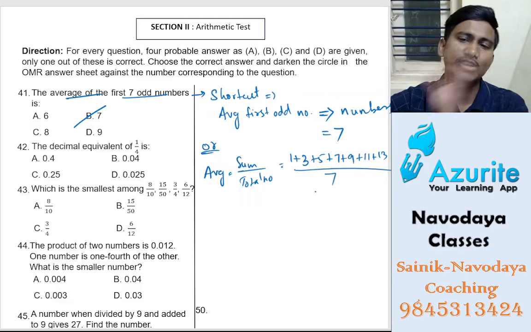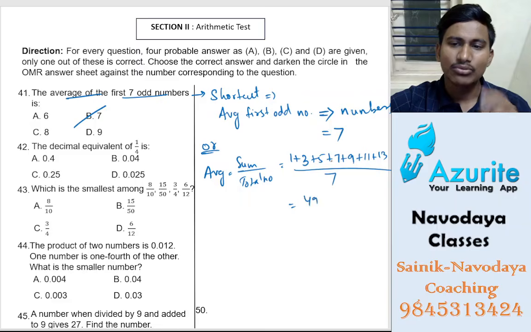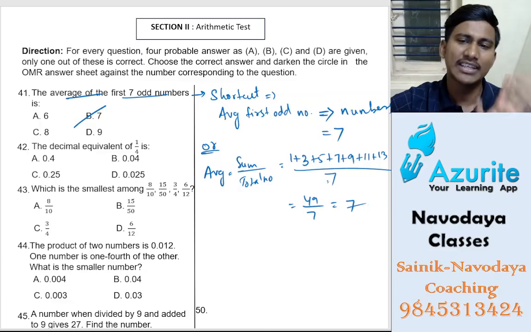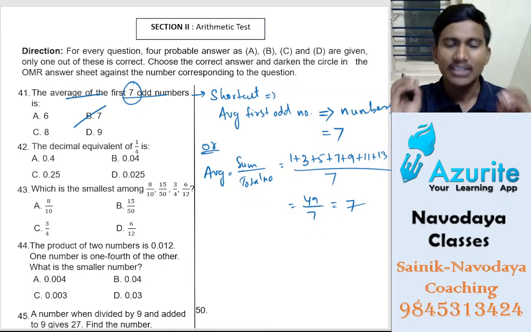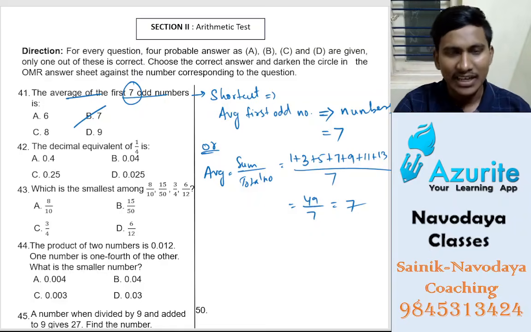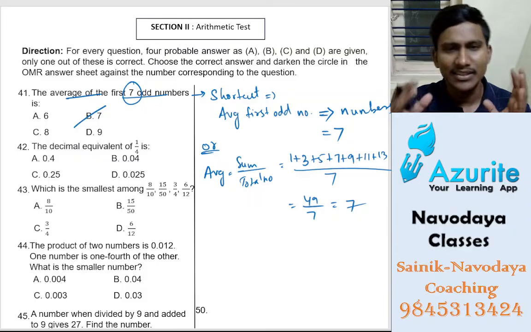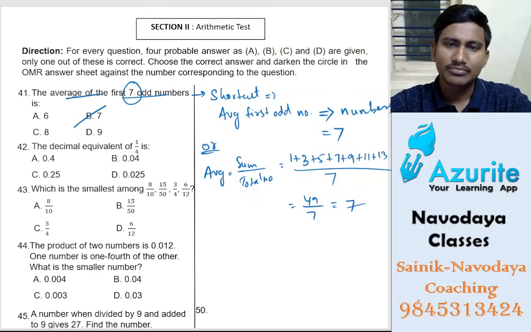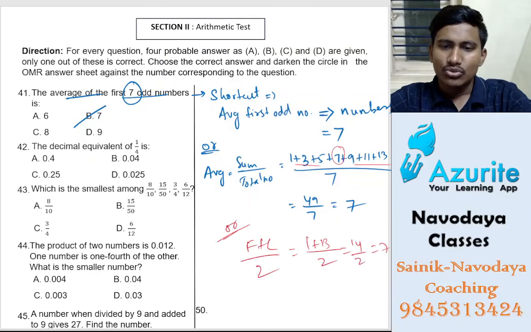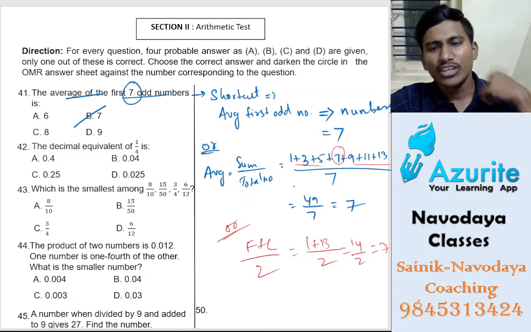If you do it, the answer is 49, the sum, divided by 7. 7 sevens are 49, so you will get the answer 7. You should remember directly that for odd numbers it will be 7. If they ask for 10, it means the answer is 10; 12 means 12. Understand? Remember this. Okay? Easy.